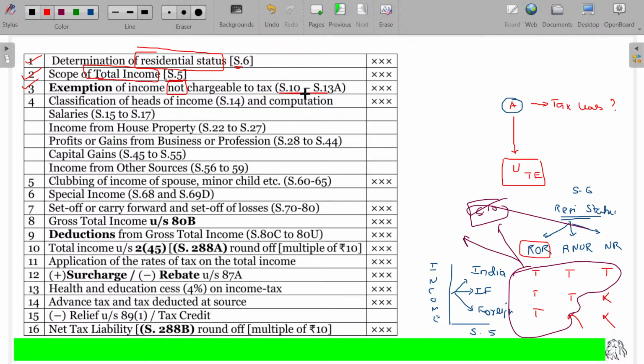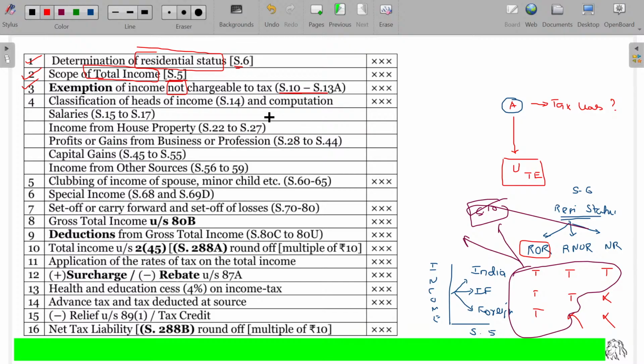Section 13A is all about political parties' income. Some political parties' incomes are exempted, so they can claim no tax. Similarly, some trusts need not pay any tax under sections 11, 12 and so on. So predominantly at your level, you will study only a few items of section 10.